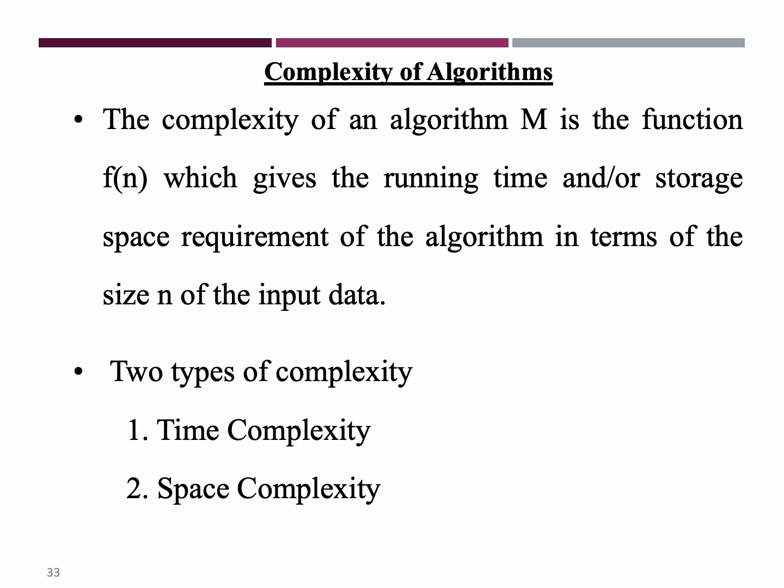So this helps us understand the resources, primarily time and space, that our algorithm will require. There are two main types of complexity we are concerned with: time complexity and space complexity. Time complexity represents the amount of time taken by an algorithm to run as a function of the input size. This is often expressed using big O notation, which provides an upper bound on the running time.